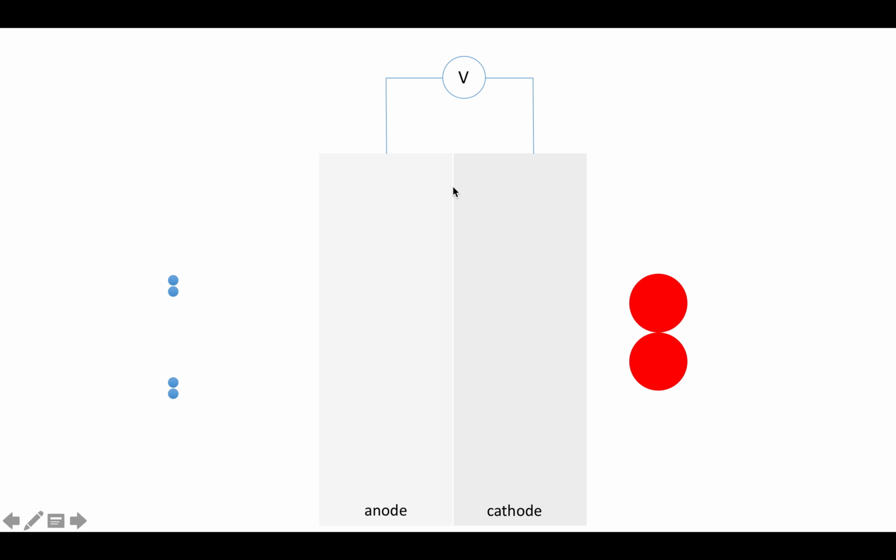So on the left hand side what you're going to see is hydrogen fuel coming in. On the right hand side you're going to see oxygen fuel coming in. You're going to see the subsequent reaction and some electrons that are produced.